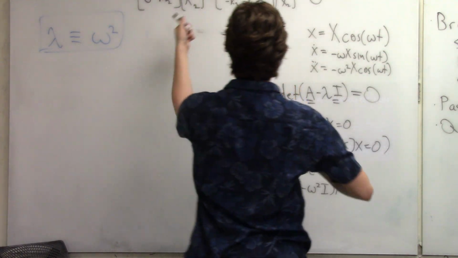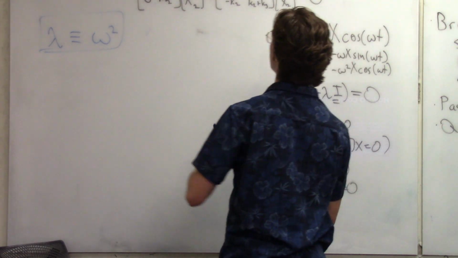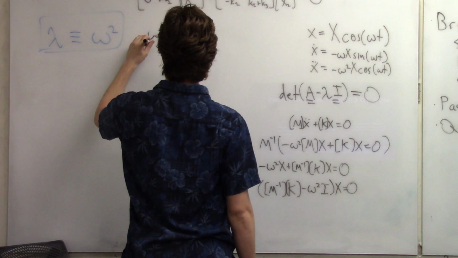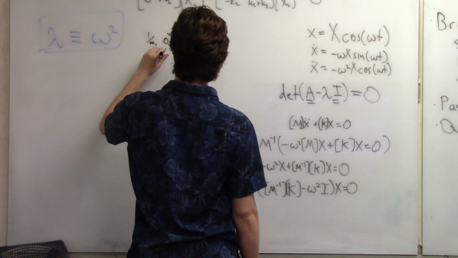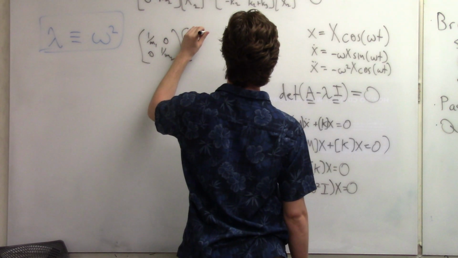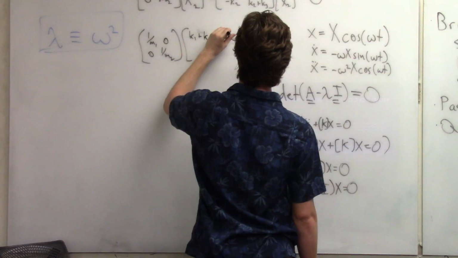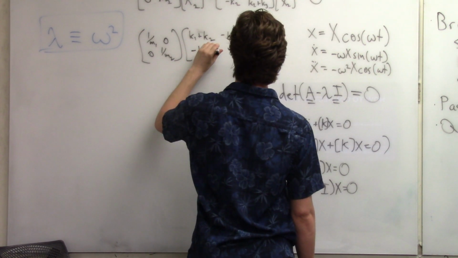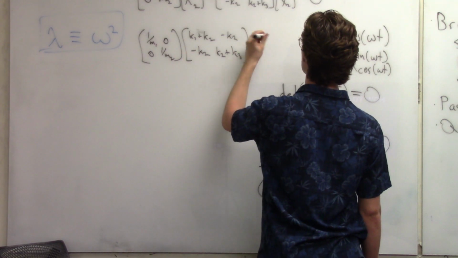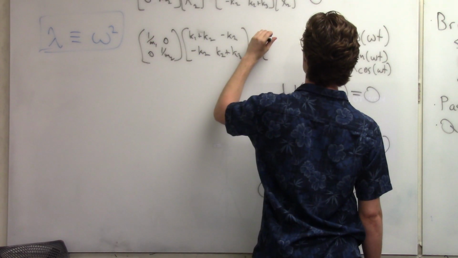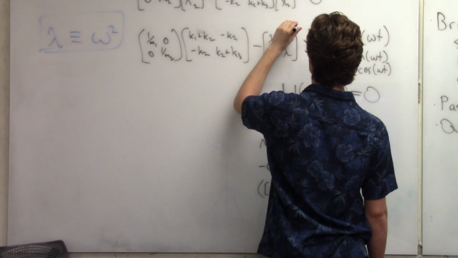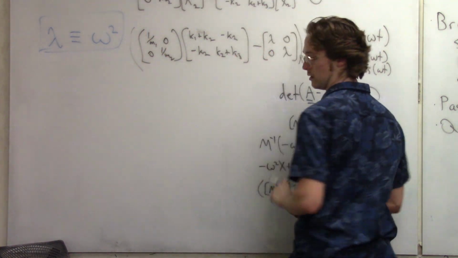And so now I'm going to rewrite this matrix up here in that form, which is going to be 1 over m1, 0, 0, 1 over m2, times our k1 plus k2, minus k2, minus k2, k2 plus k3, minus lambda times the identity matrix, all times X equals 0.